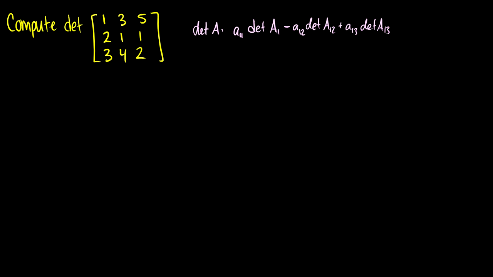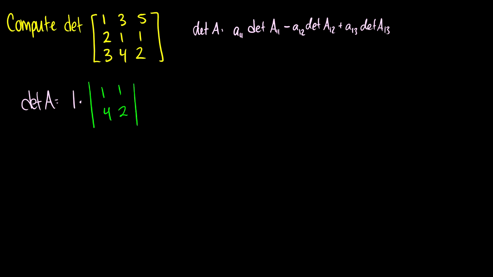Let's start putting in some values here. The determinant of A is going to be A11, which is 1, times the determinant of capital A11. This one is done by taking out the first row and the first column of A, so we're left with 1, 1, 4, 2.